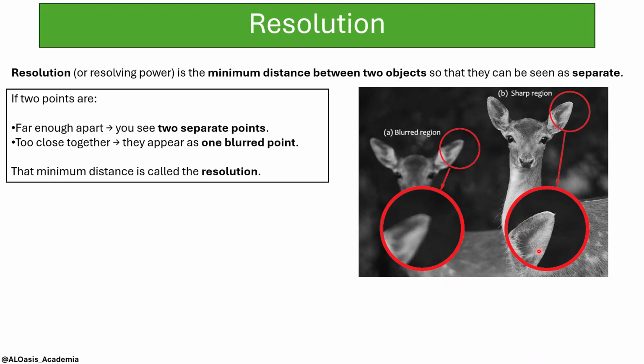If you pick any 2 points on this image, you can see them clearly, which means that they are far enough apart to see them as two separate points. However, in this image the 2 points are too close together, so they appear as one blurred point. That's why the whole image would look blurred.